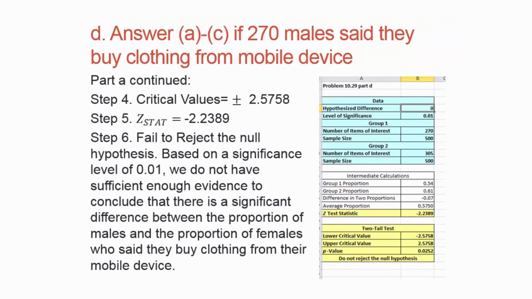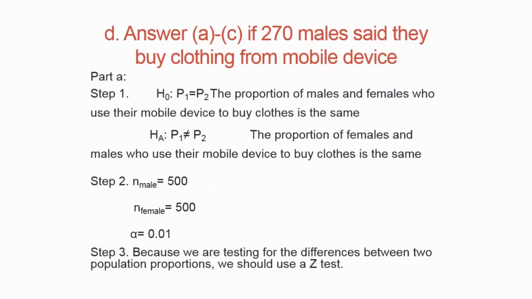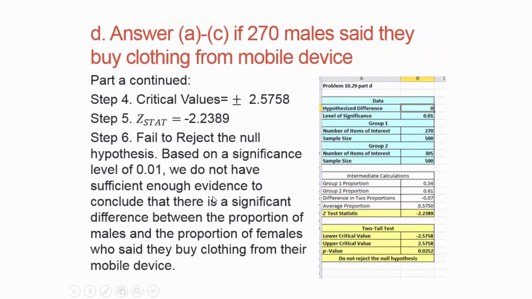All right, so now what I do is I calculate things again and go through my 6 steps. Again, the proportions are equal, the proportions are not equal, who choose to buy clothing from their mobile device, and I still have sample sizes of 500 both times. Here's my critical value, which is going to be 2.5758 for the upper and lower values, because it's still 0.01, and my Z-stat calculated value for step 6 is 2.2389 now.